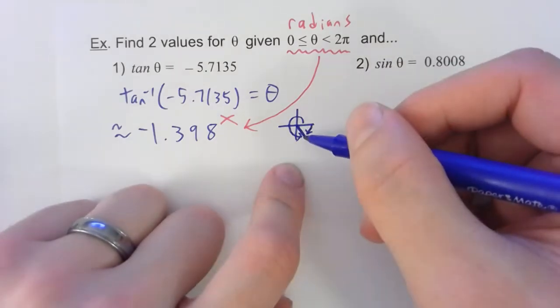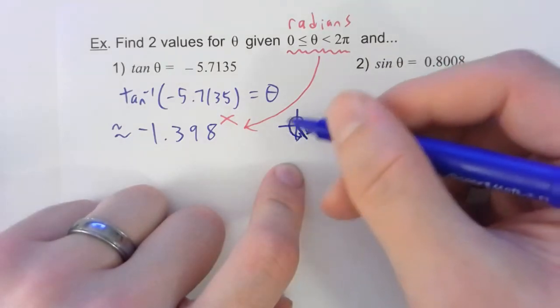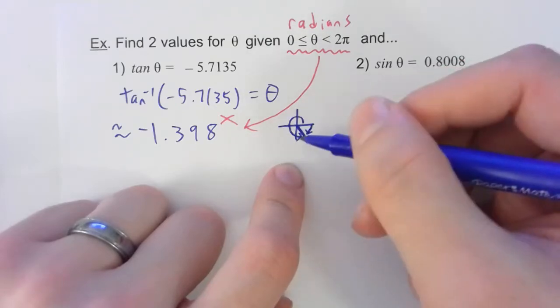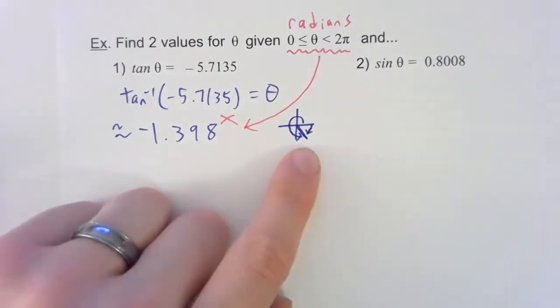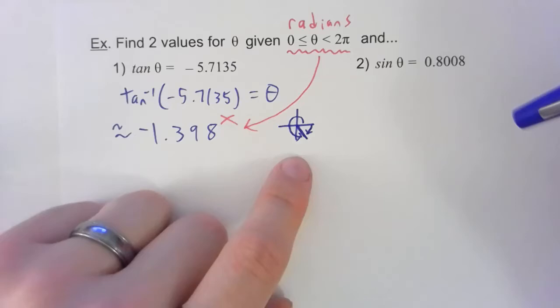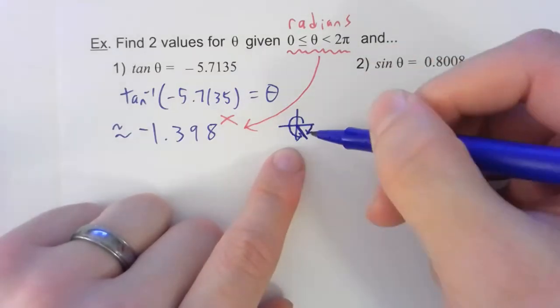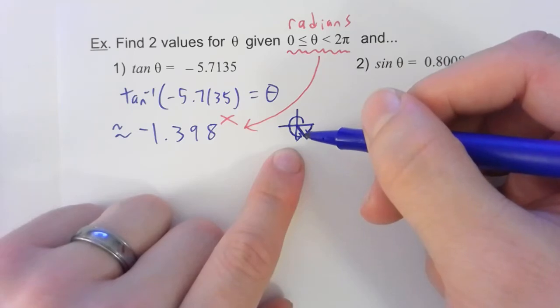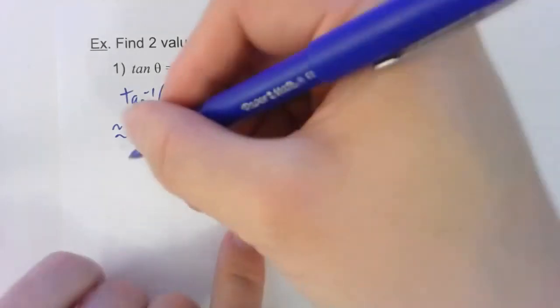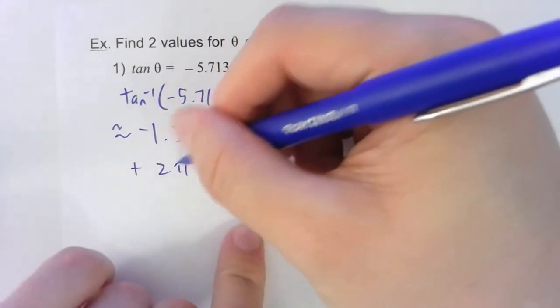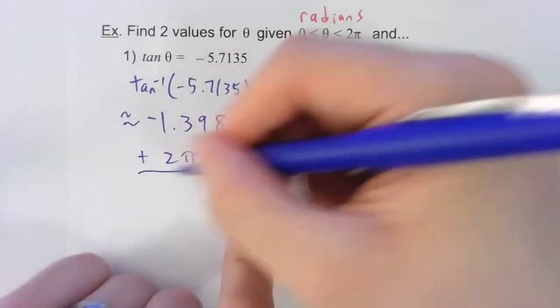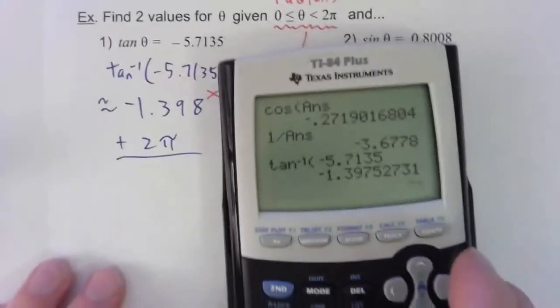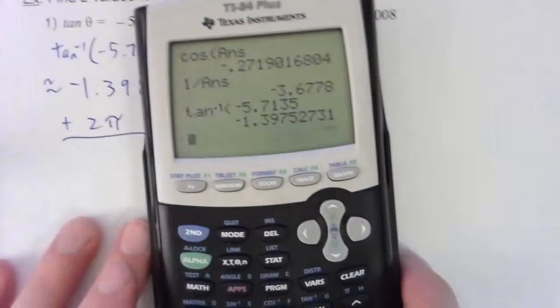Well, the difference between that is a full circle. Remember those coterminal angles, to find coterminal angles, we add and subtract full circles. So if I add 2 pi, if I add a full circle, I'll still land in the same spot. I'll still have the same trig value, but now I'll get a positive angle. Okay, so that's the trick. If you have a negative angle and you want it positive, just add 2 pi. Okay, it won't technically be the same angle.